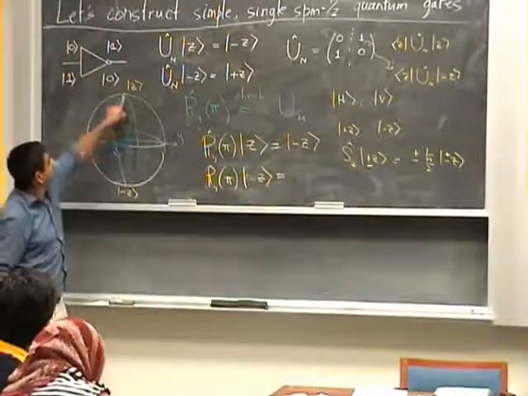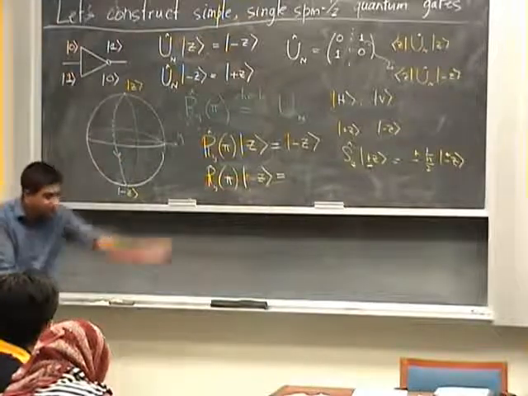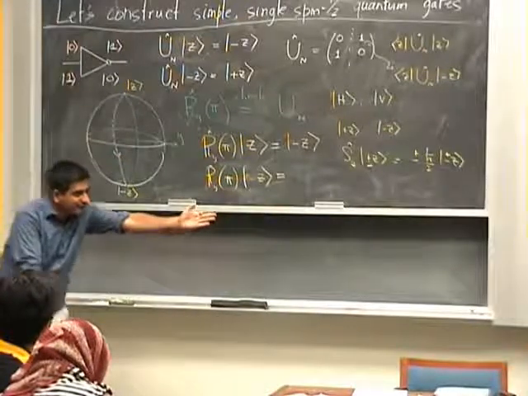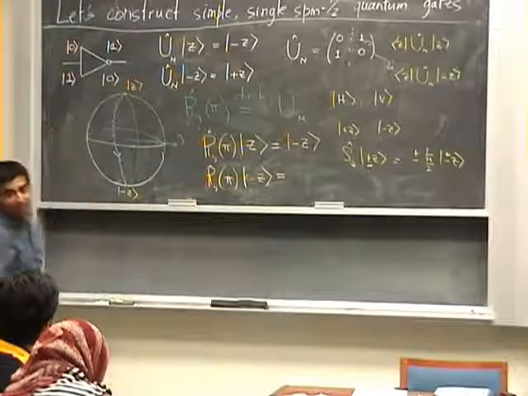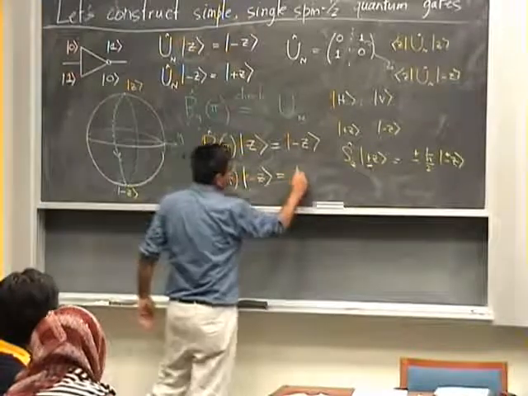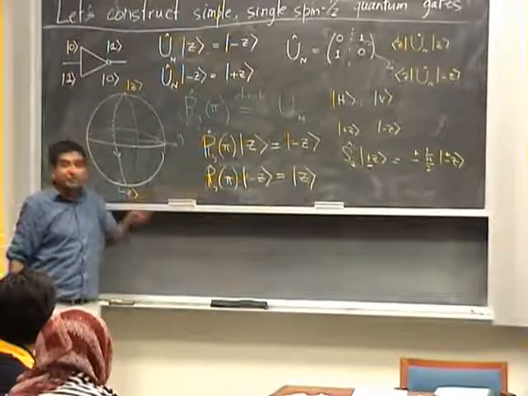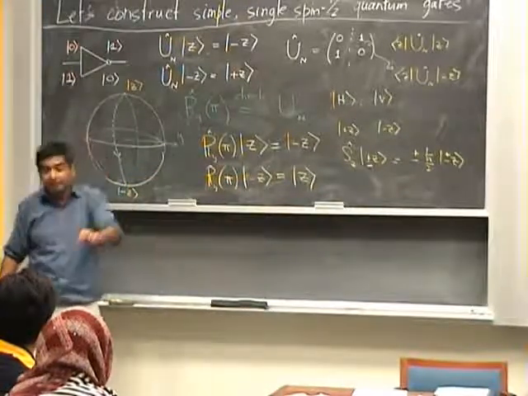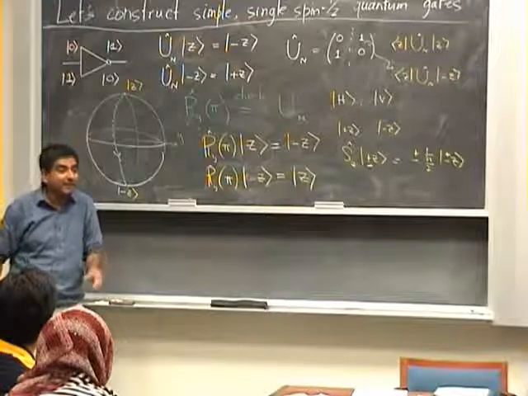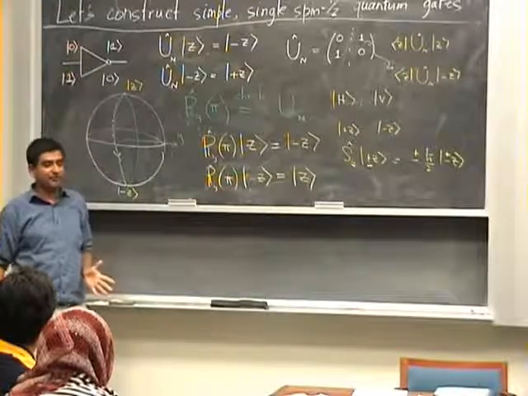You end up here. You're down at the south pole, you do a rotation about this axis, right-hand rule, and end up back at New York. End up back here. So it appears that this rotation about the y-axis through an angle pi qualifies as a legitimate NOT gate.